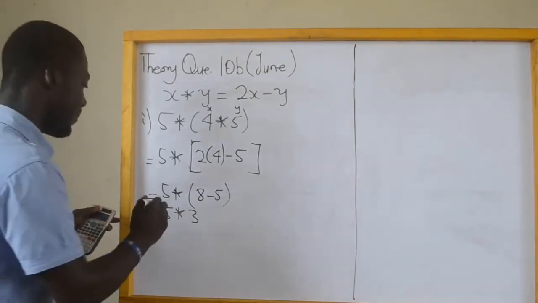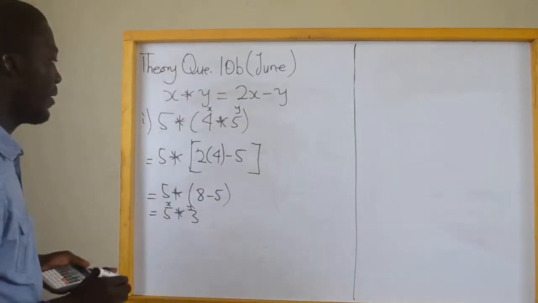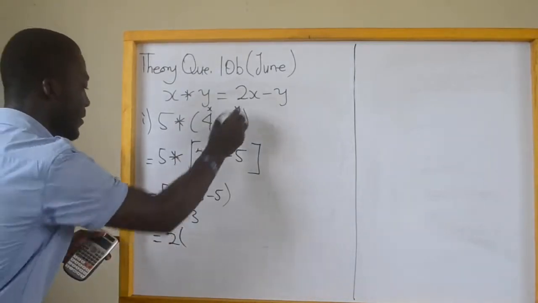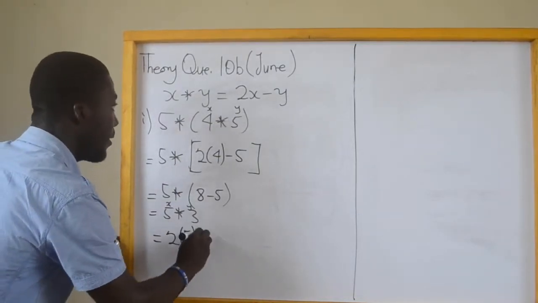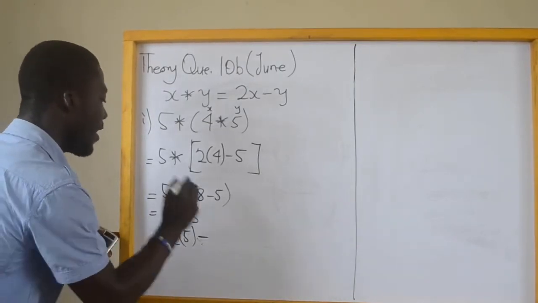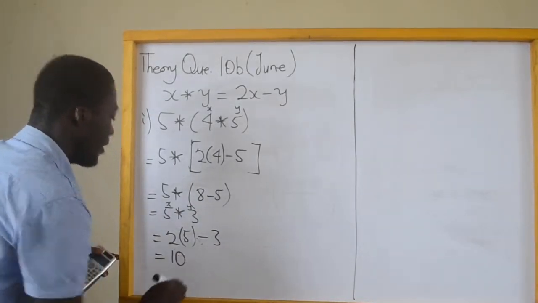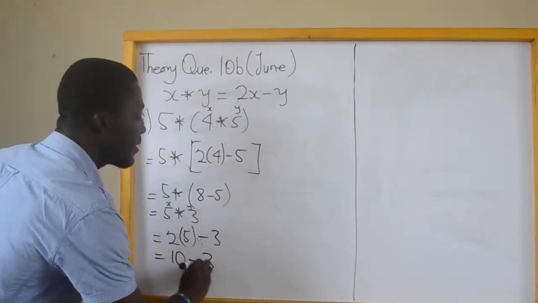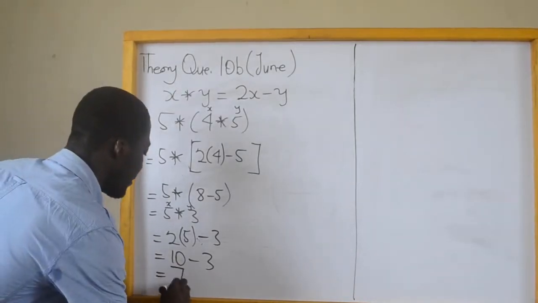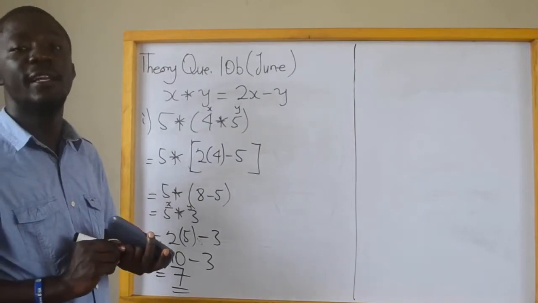Then in our next step, our x will be 5 and our y will be 3. So we are going to get 2 into brackets our x, which is 5, minus y, which is 3. 2 times 5 is 10 minus 3. And we are going to get 7 as our final answer.